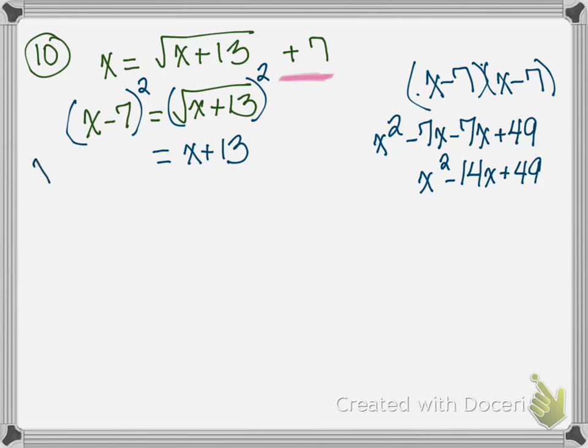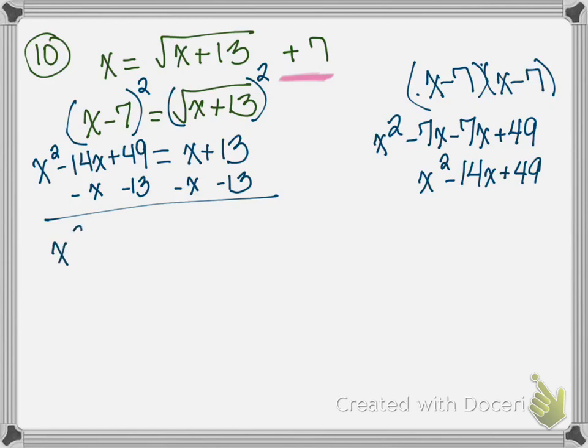Now I'm going to subtract x from both sides, and subtract 13 from both sides, because I've got to set it equal to 0. X squared minus 15x plus 39.